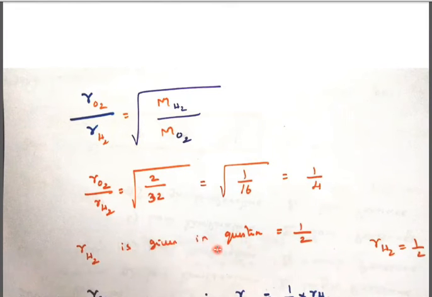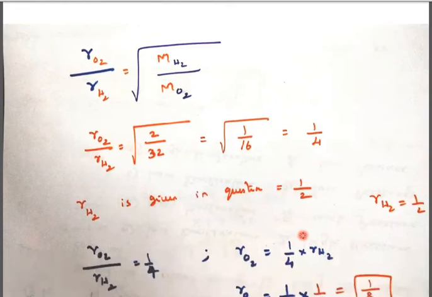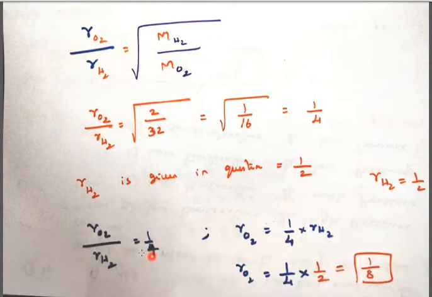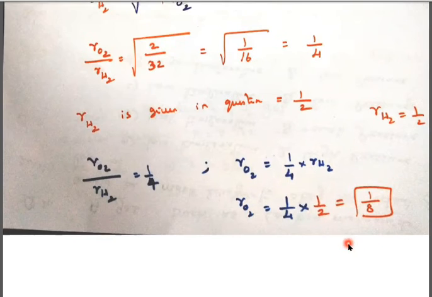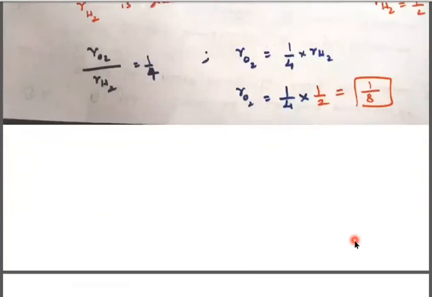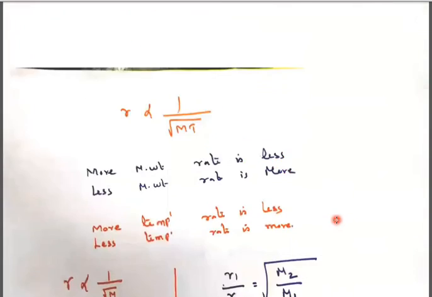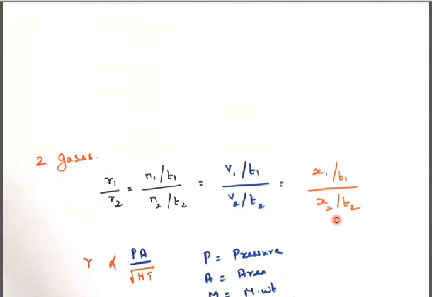RH2 is given in the question as 1 by 2. So RO2 is equal to 1 by 4 into RH2. The rate of H2 is 1 by 2, so it is 1 by 8. Just see the option.